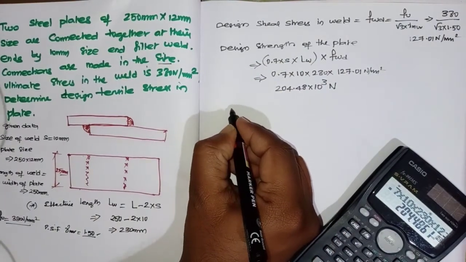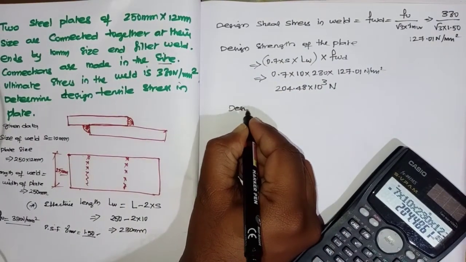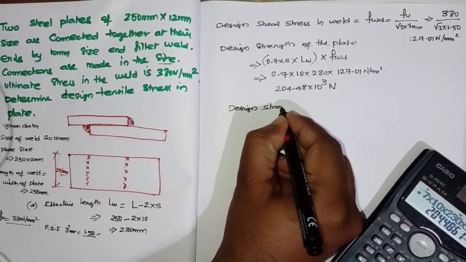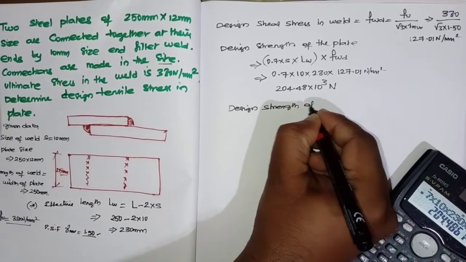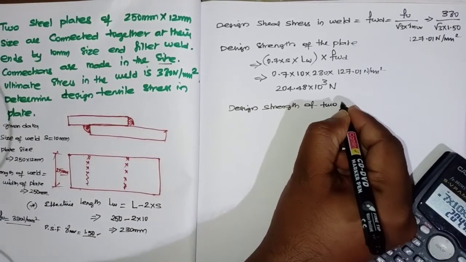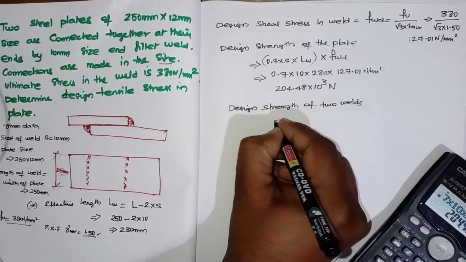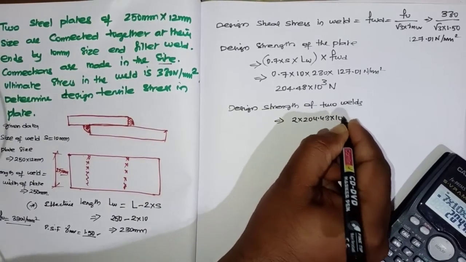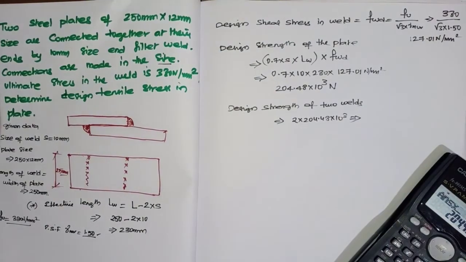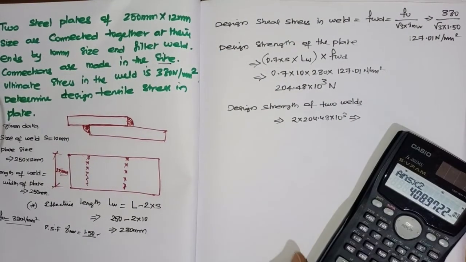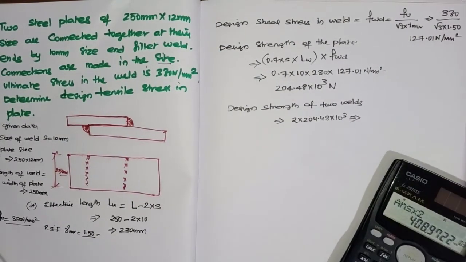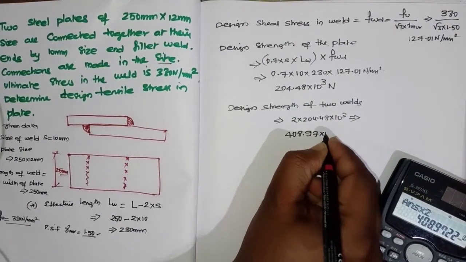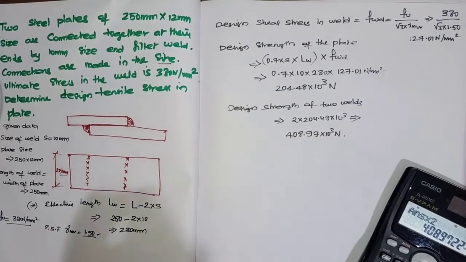Now design strength of welded two sides, the strength of two welds: 2 into 204.48 into 10 power 3. So how much do you get? 408.97 into 10 power 3 newtons.